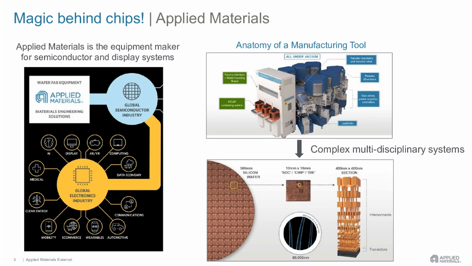A lot of processes need plasma for their processing, and so on and so forth. So this is truly a multi-physics and a multidisciplinary system. It's quite complex. It's a system of multiple systems.